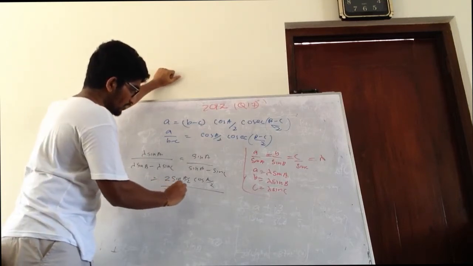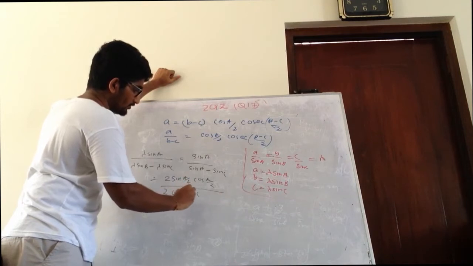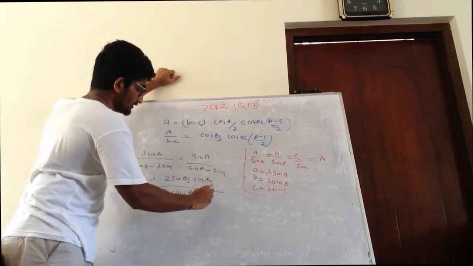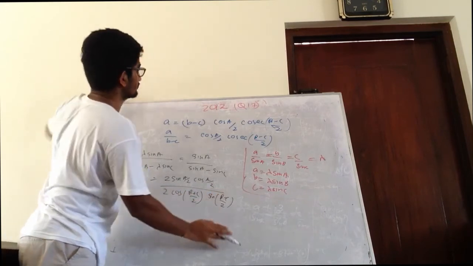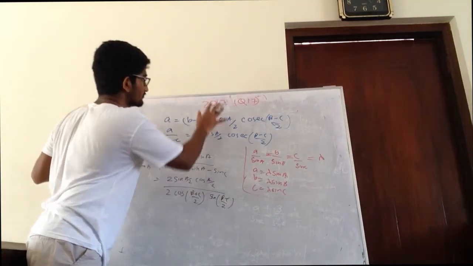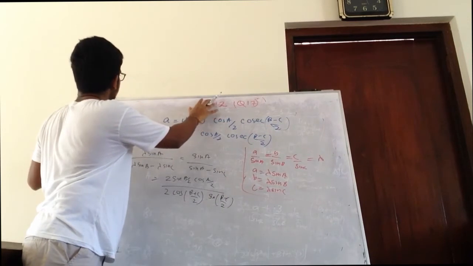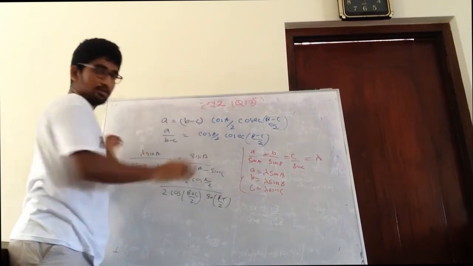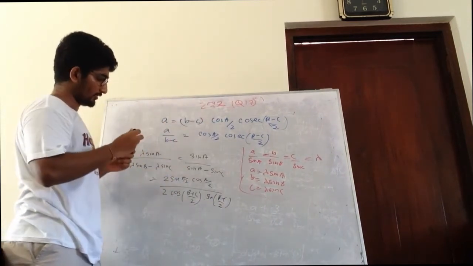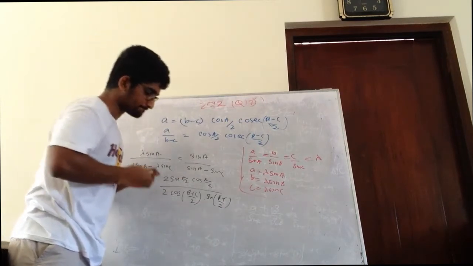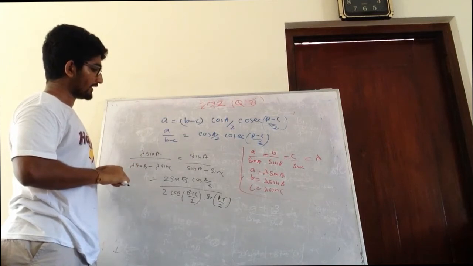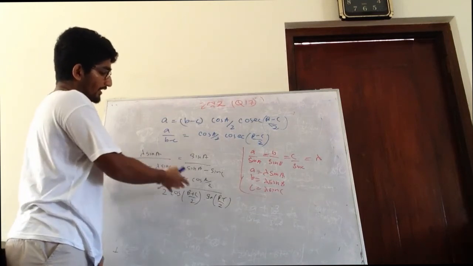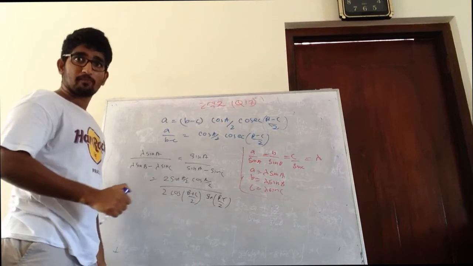2 cos (B plus C) over 2 sin (B minus C) over 2. So now what can I do? Now there are A, B and C, no? Correct?